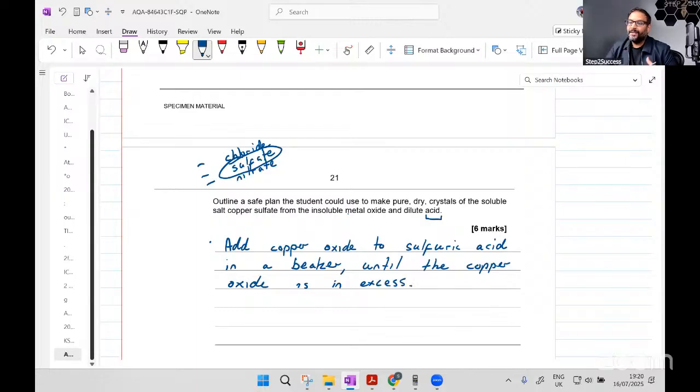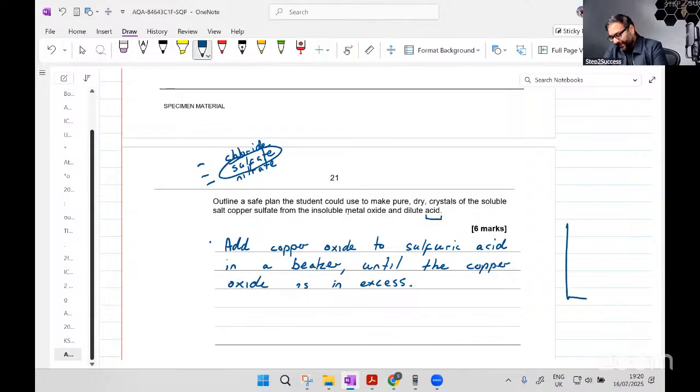That means that there's more of it than what you actually need. And what you're trying to do here is make sure that all of the acid finishes and reacts. The only way you can make sure of that is by adding loads of the other thing. So in excess means there's more of it than what you would need. So you add the copper oxide to the sulfuric acid until the copper oxide is in excess, until there's more of it than what you need.